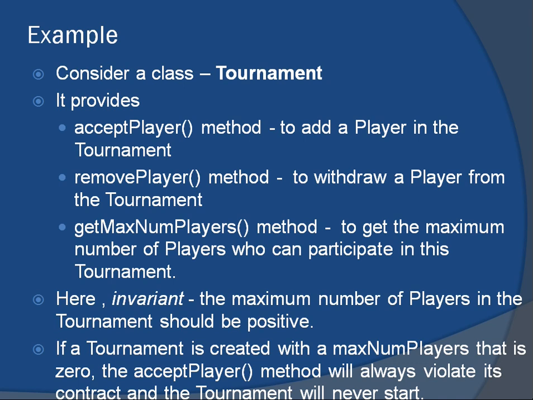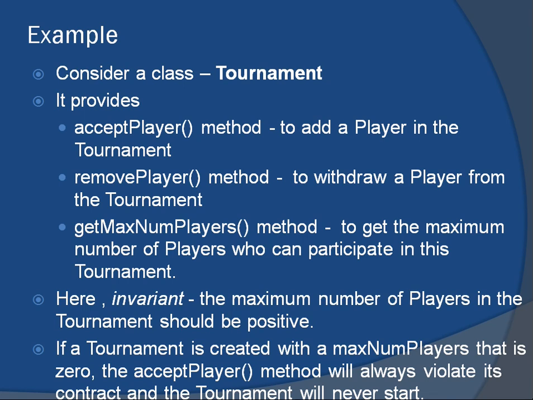It provides a method called accept player. This method adds a player in the tournament. Then we have another method known as remove player. This method is responsible for withdrawing a player from the tournament, that is removing a player from the tournament. We have another method called get max num player. It will get the maximum number of players who can participate in this tournament.